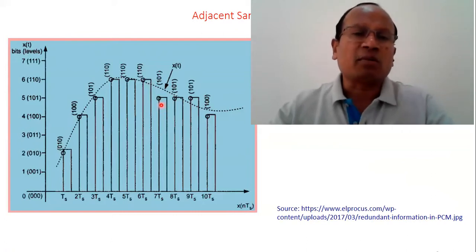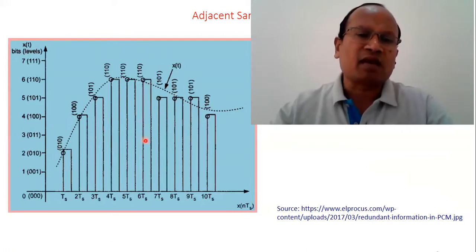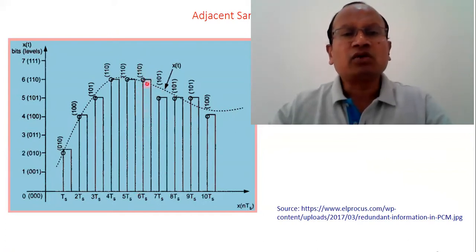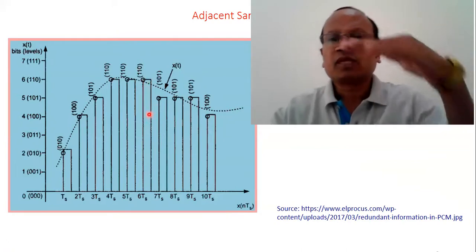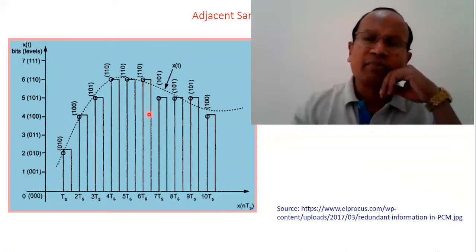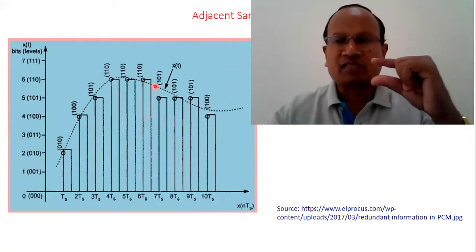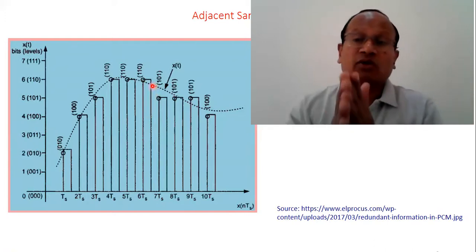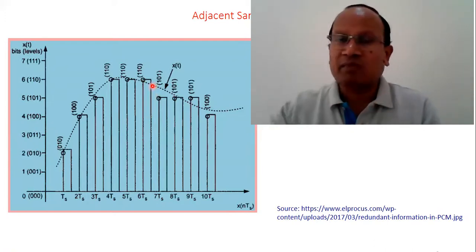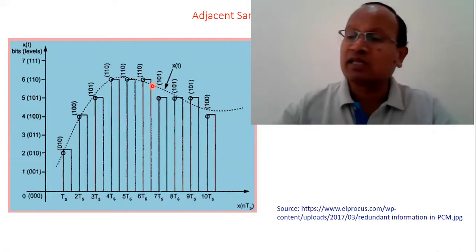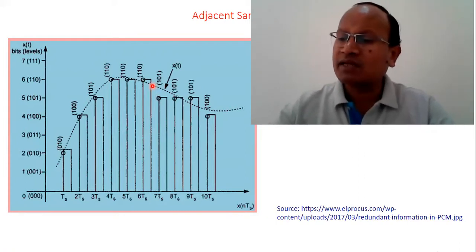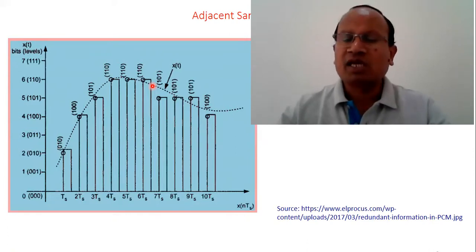Think about the sample at the sixth periodic interval and the seventh periodic interval. If you quantize both, the magnitude is large, so the number of bits required to encode both samples will be more. So rather than doing that, the difference between the two, which will be very small, is encoded. Obviously, the number of bits required will be less.